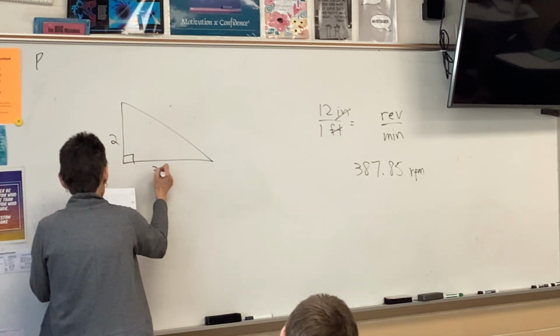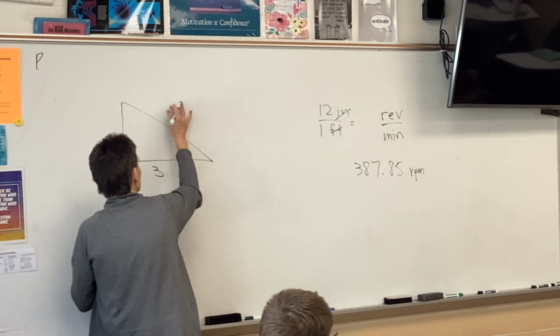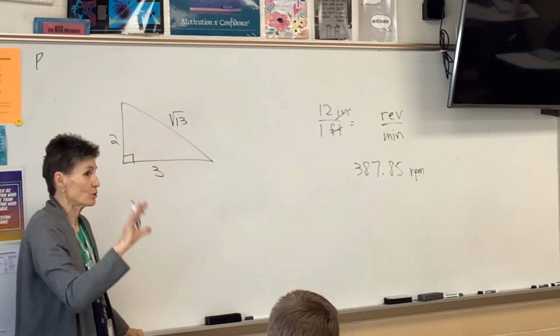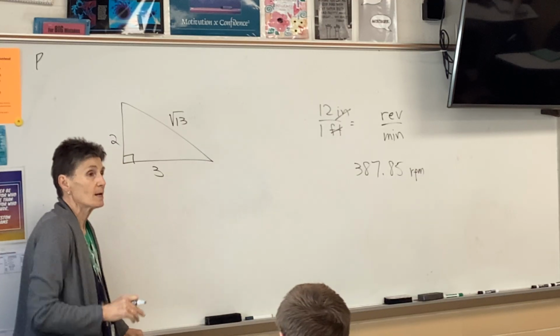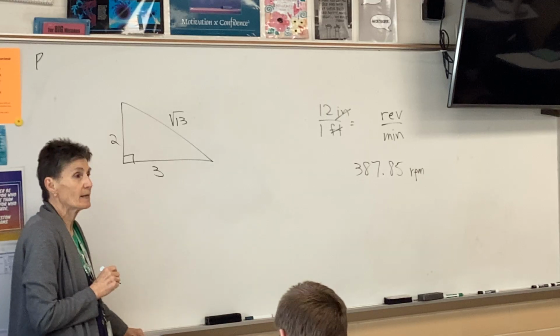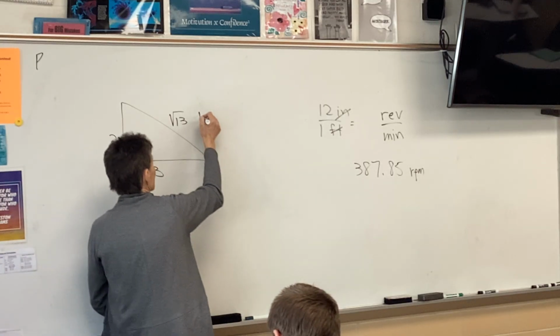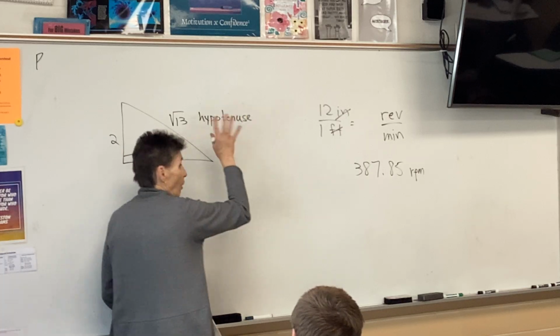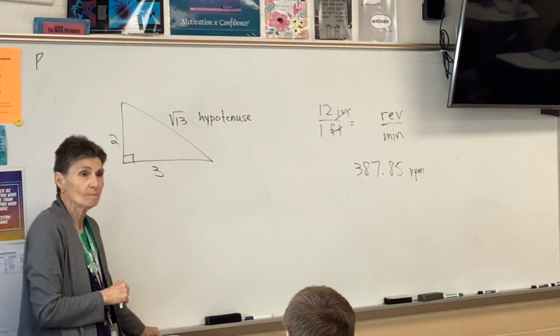The one thing we have to make sure you are crystal clear on is which side is which in the triangle. So we got this right triangle. In chapter 4, we're gonna be dealing with right triangles. In chapter 5, we'll branch out. This side is always called the hypotenuse, always, across from the right angle.